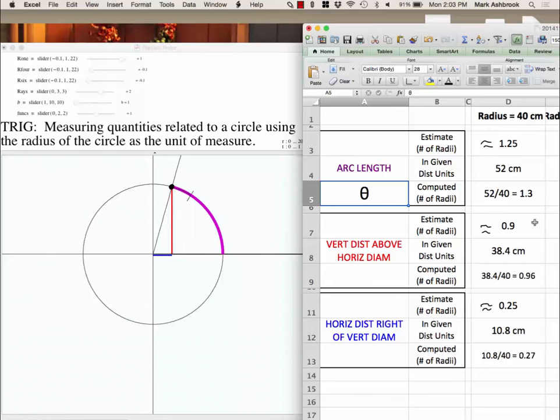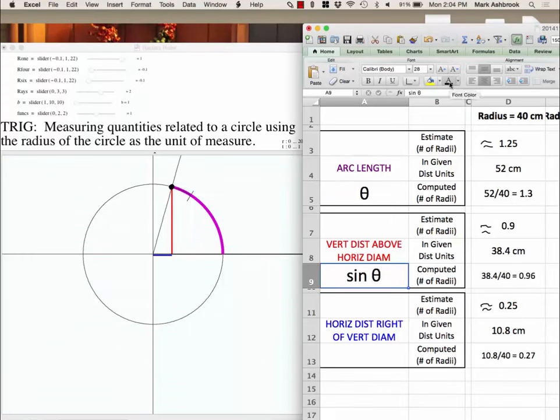Okay, so 1.3 radians is the same as the number of radius lengths cut off by the rays of the angle. Okay, what about this 0.96? Measuring the vertical height of your resulting point on the circle in the units of the radius is, does anyone know?